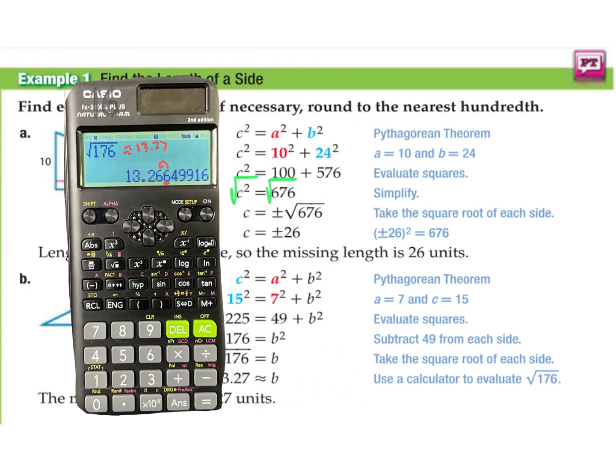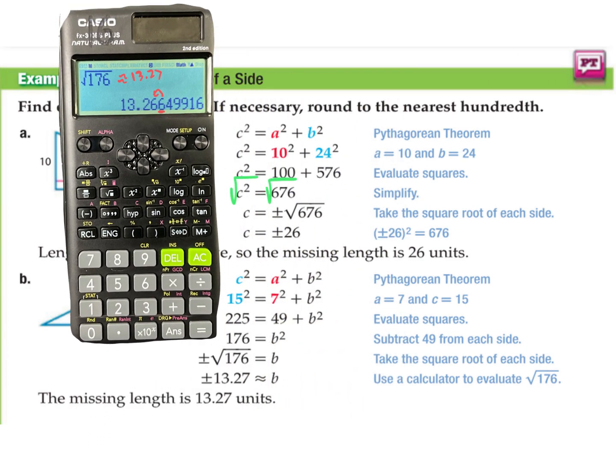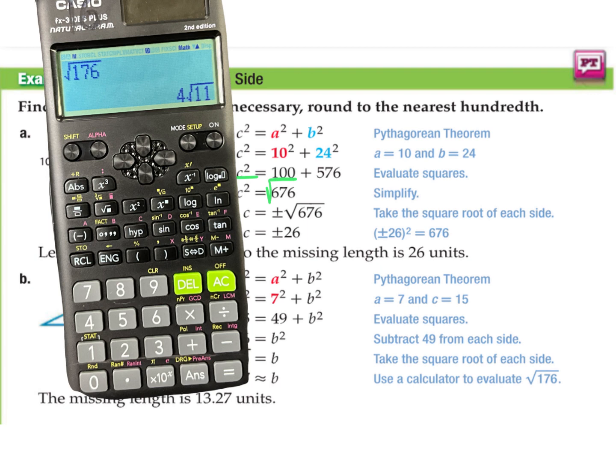However, that's what the book does, but in our worksheet, I am going to ask you guys to leave it as a radical in simplified form, instead of writing it as 13.27. If you hit the S-D button, it switches from fraction to decimal, or from your radical value to a decimal, or decimal to square root.